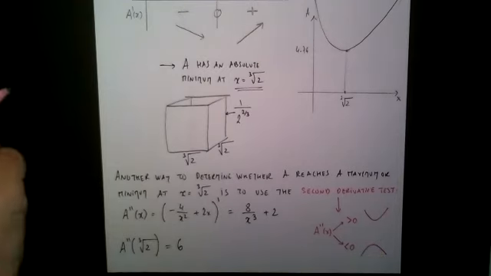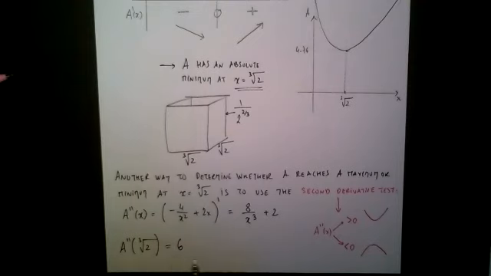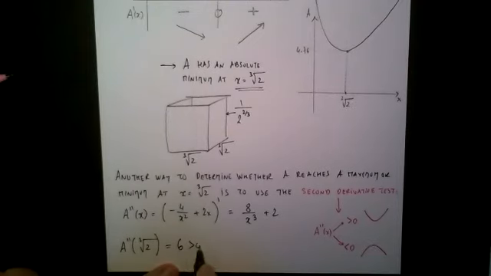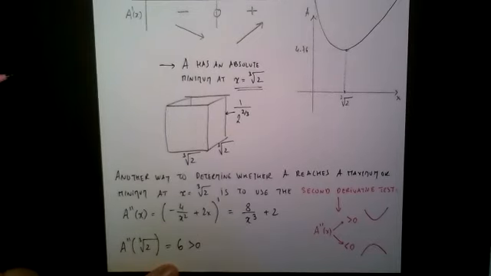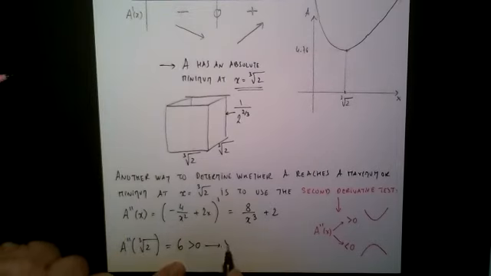Okay, so in this case, as you see, it's positive. Since it's positive at that value, it means that the function is concave up, it's happy, and therefore we have a minimum.